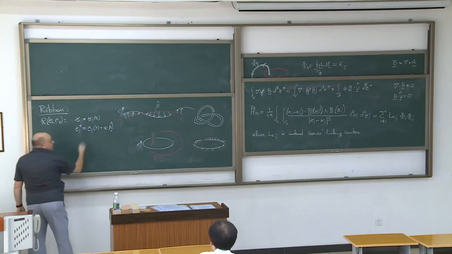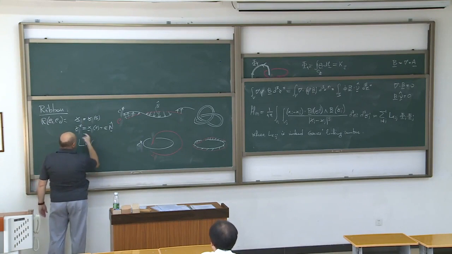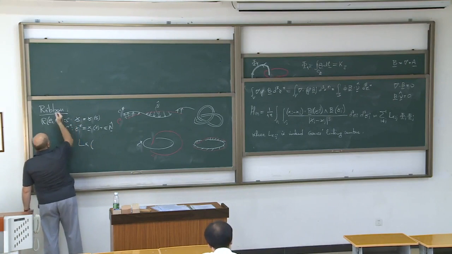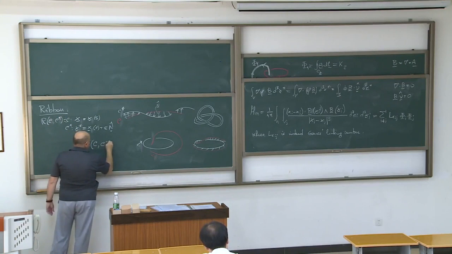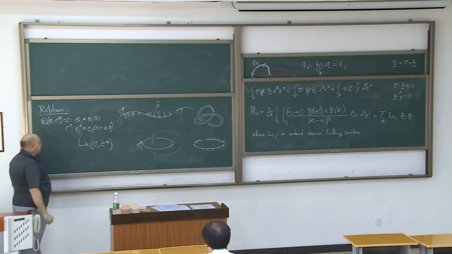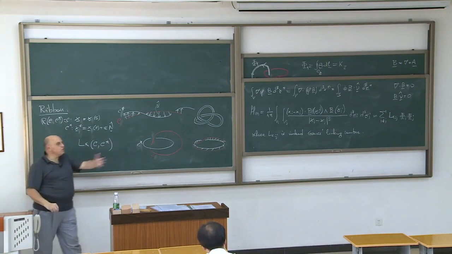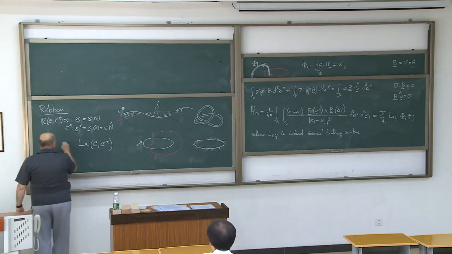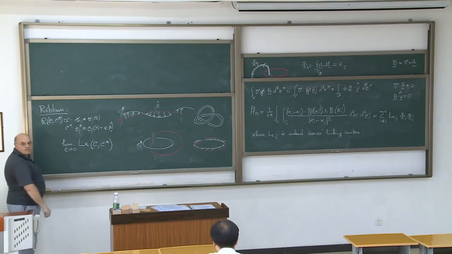And now we can compute the linking number, Lk, between what? Between one curve and the other, between C and C star. Okay? C and C star mathematically are separated, and this is well defined. And then what you learn to do so many times in school, limit for epsilon going to 0 of this quantity.